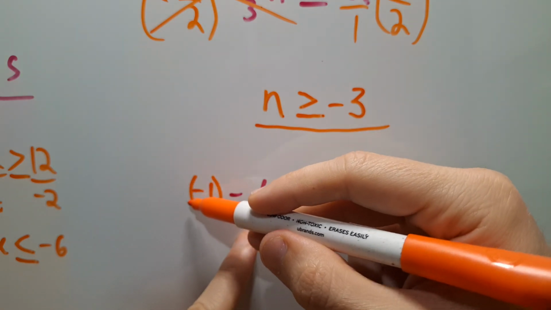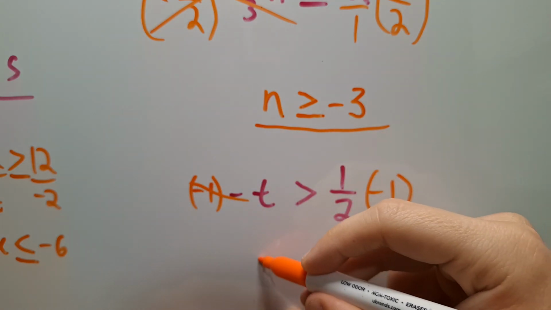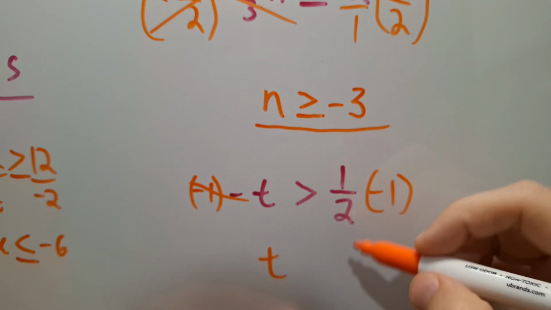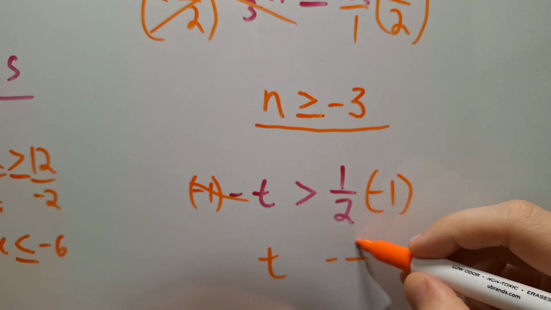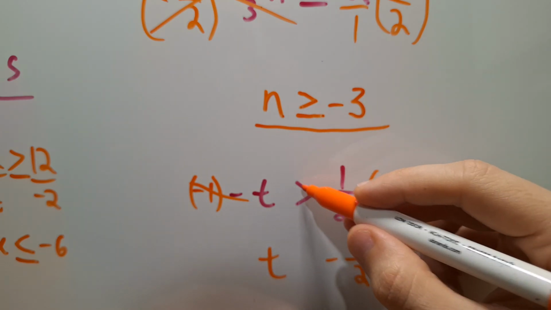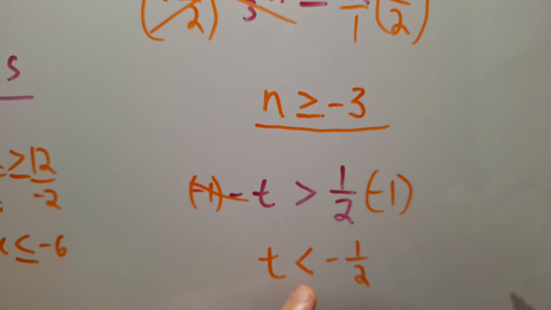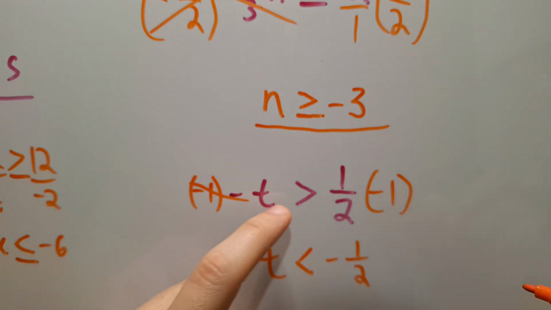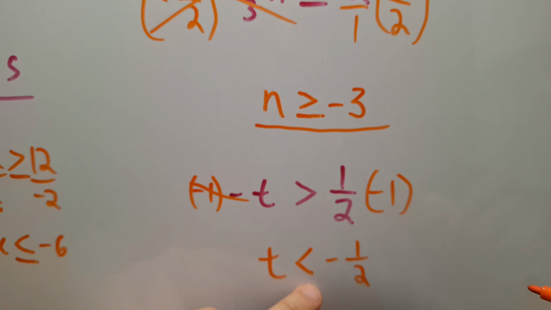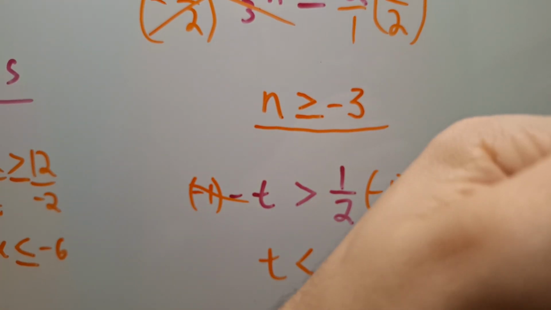The negatives will cancel, leaving you with positive t. 1/2 is now negative 1/2. Greater than now becomes less than. That's the solution set for this inequality. We flipped it from greater than to less than. Let's do 2 more.